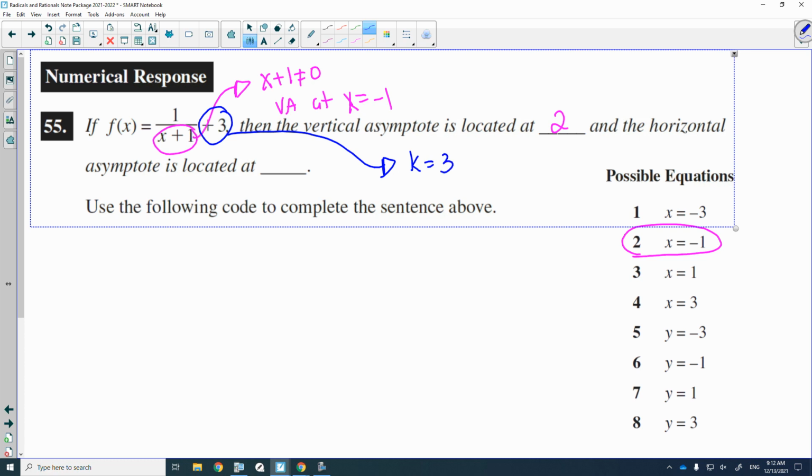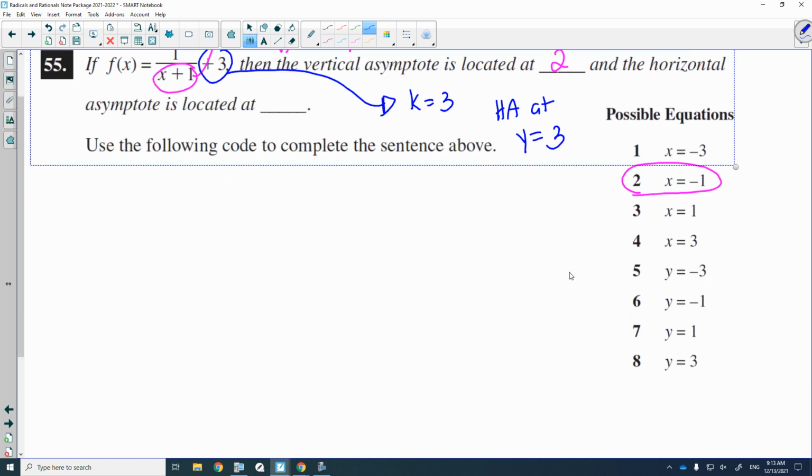So the HA, which is normally at y is equal to 0, moved up 3. So that would give us a new HA at y is equal to 3. And that would be 8. Okay, so that's how you do that guy.